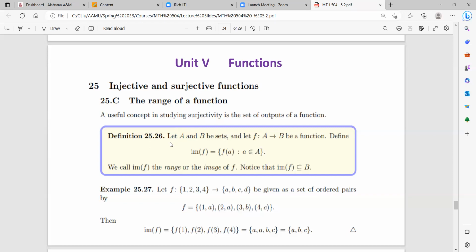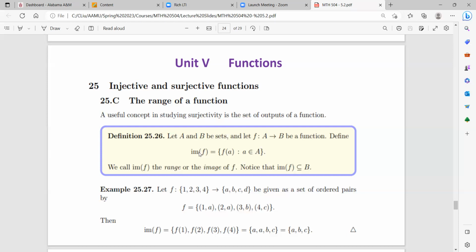So the formal definition of range is, suppose you have a function f from A to B, and the range of the function is all the function values when you pick all the elements in the domain. And we use the notation Im(f) to mean the range of the function, or the image.